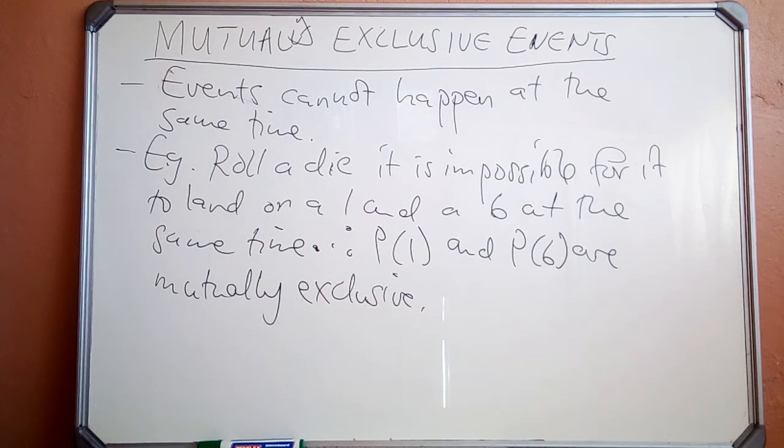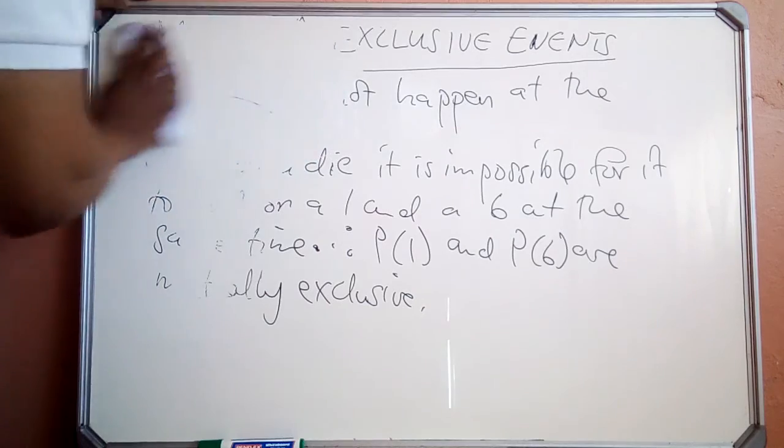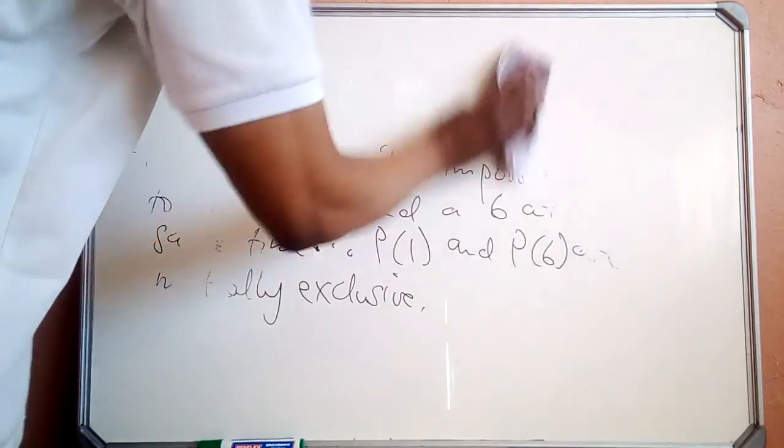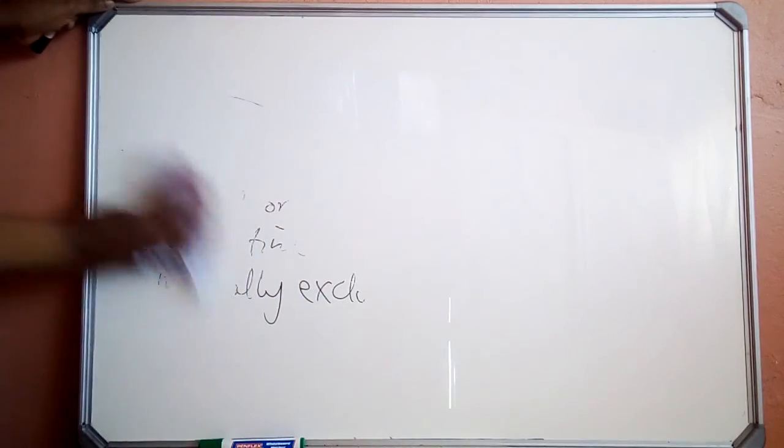Now let us try and represent this mathematically. We were just writing it from a theoretical point of view so that we can associate the words that we are using to the mathematical operation that we are going to perform. Basically we've got two events.